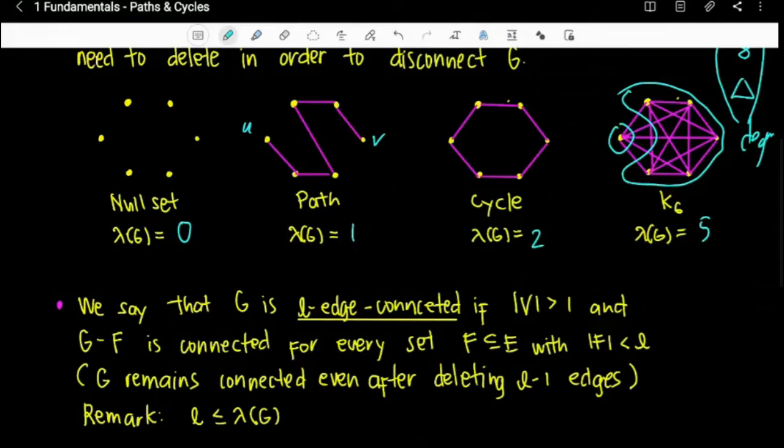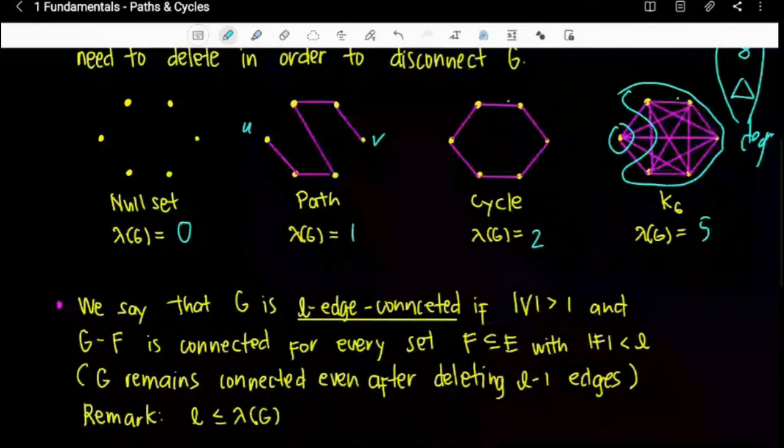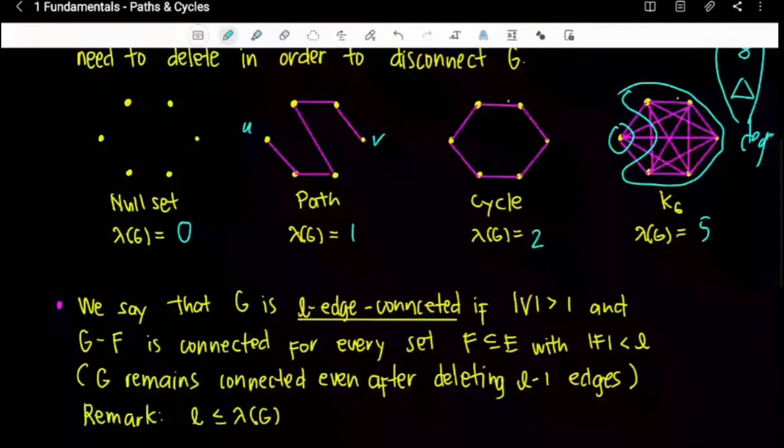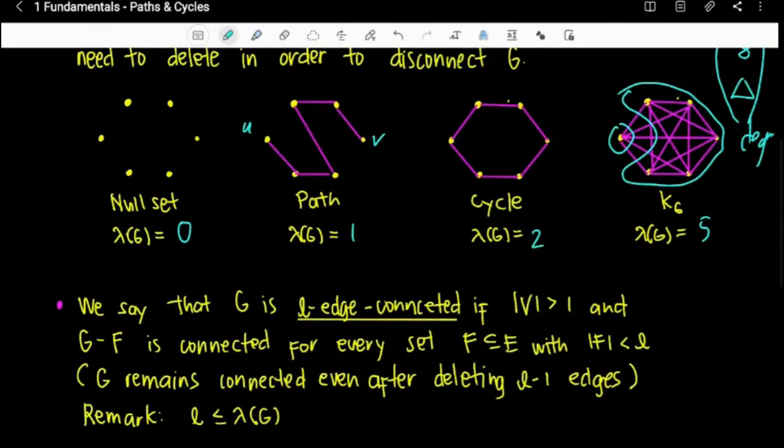Yan. Pero 1-edge connected din siya. Ibig sabihin, kung magtatanggal ako ng less than 1 edge, connected pa rin yung graph. So, pag ang lambda mo ay 2, you are 0, 1, and 2-edge connected. Kasi removing any number of edges less than L will still make your graph connected.